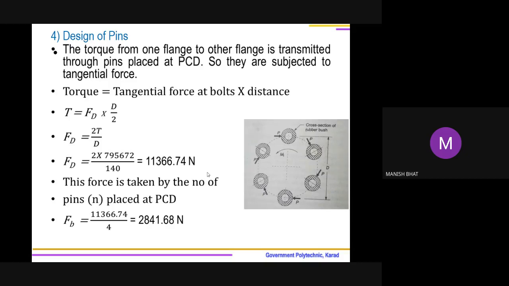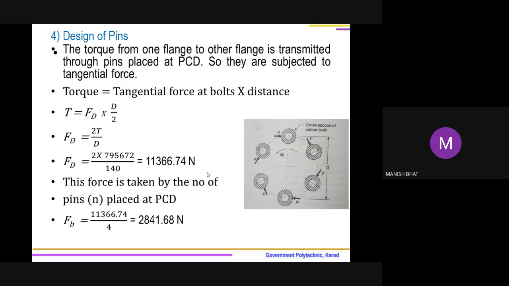The torque causes tangential force at the pins. So torque is equal to Fd multiplied by capital T divided by 2. So Fd, the force acting at all the pins, will be 11,366.74 Newton.